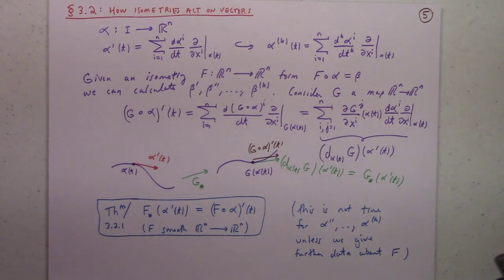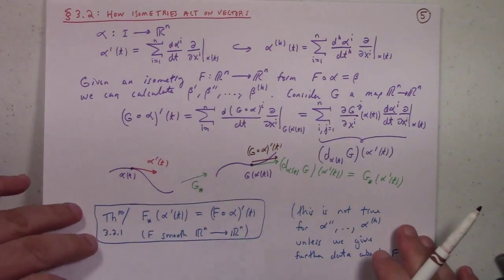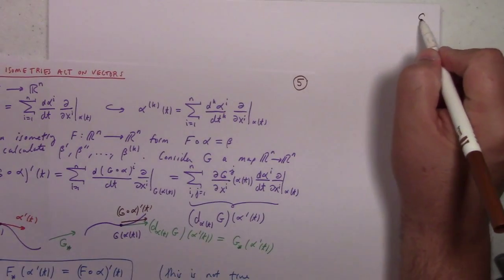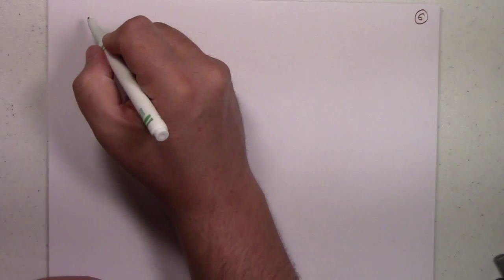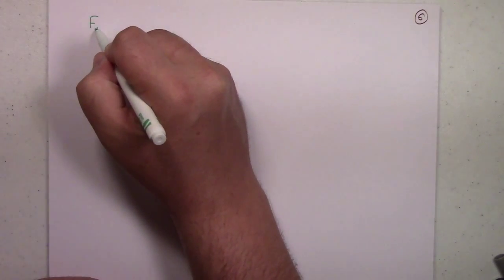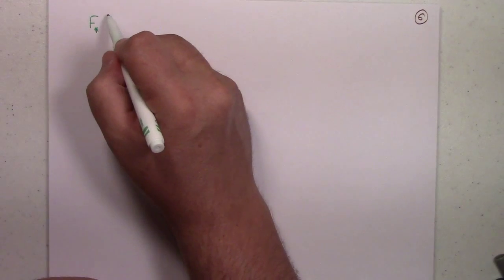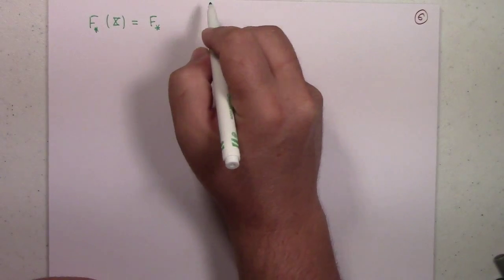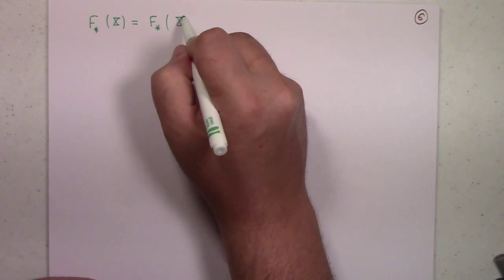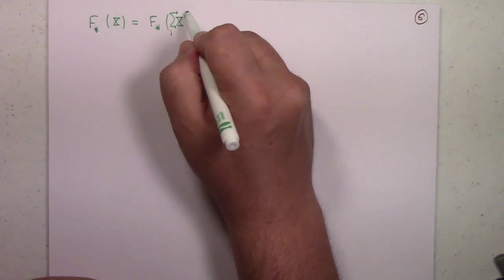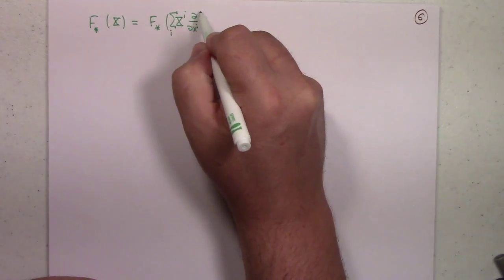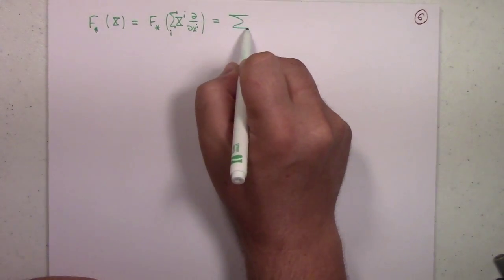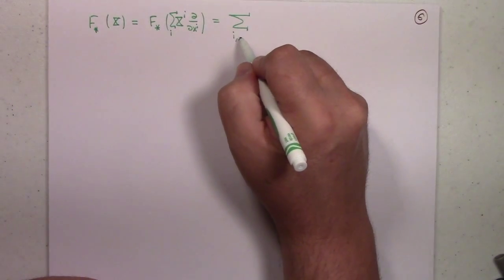Let's see here, moving along. I should just say a bit about notation. It seems like we're always talking about notation. The push forward of x, what is it equal to? Let me be more pedantic here for a second. Push forward of the sum over i of x upper i, partial x i, that's equal to a sum over i and j, because they're both n-dimensional.